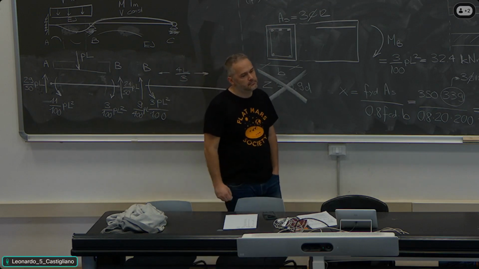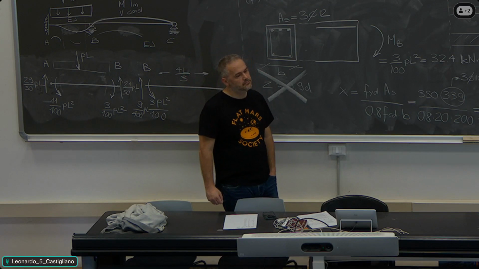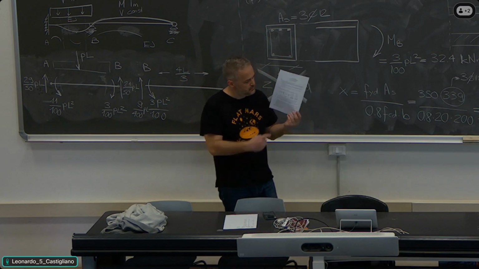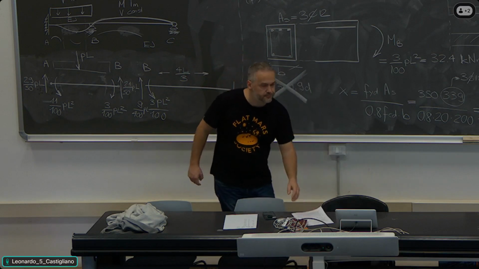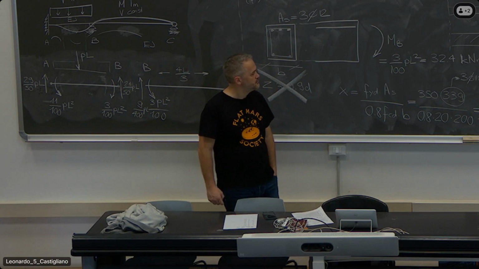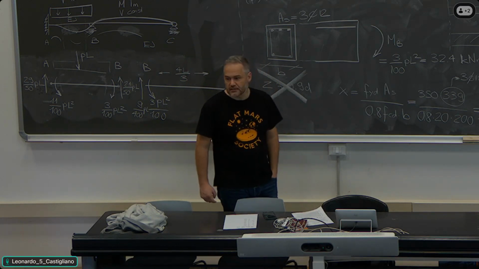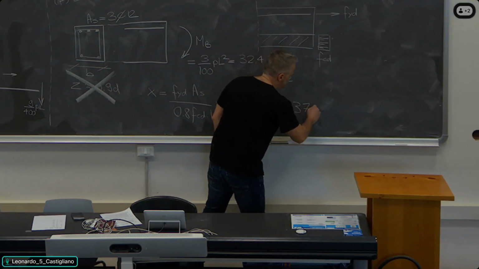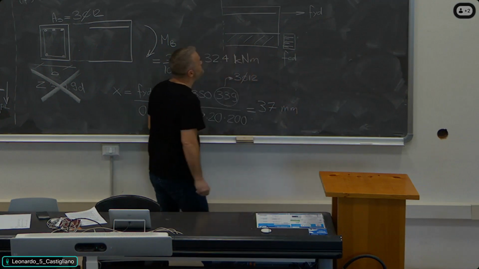We do the calculation. Can you refresh my mind where we take the 20 of the FCD? From the datum. Okay. How much is the result? 37. 37 millimeters.